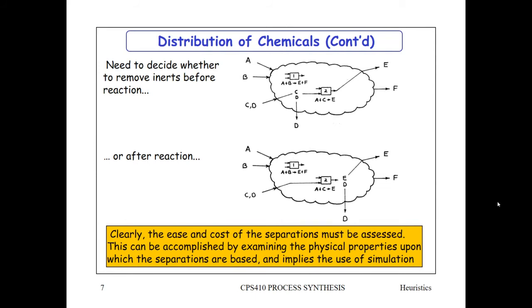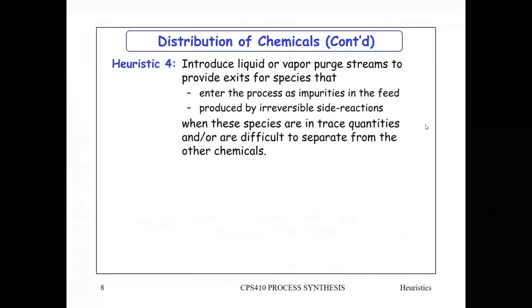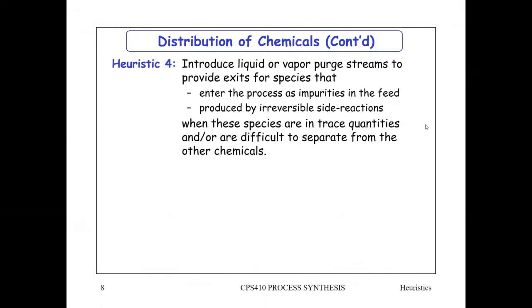Okay, so that was heuristic 4, was it? No, that was heuristic 3. So heuristic 4: introduce liquid or vapor purge streams to provide exits for species that enter the process as impurities in the feed or are produced by irreversible side reactions. Right, so let's think of our latest DWSim tutorial.